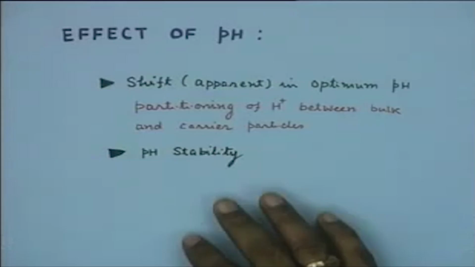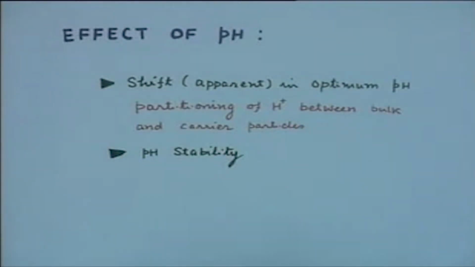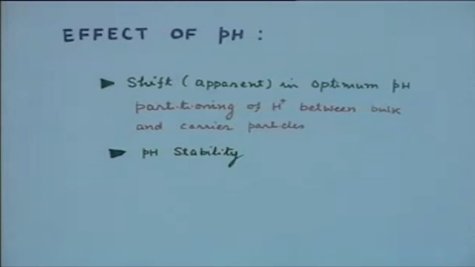Now let us look at some of them. The first is the effect of pH. Very often, enzyme catalyzed reactions are known to have an optimum pH, and in most cases it has been noted, particularly in the case of immobilization by ionic binding, that there is an apparent shift in the optimum pH.